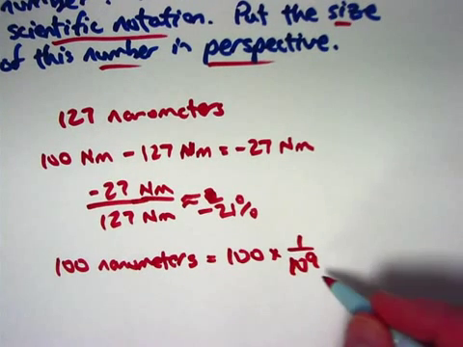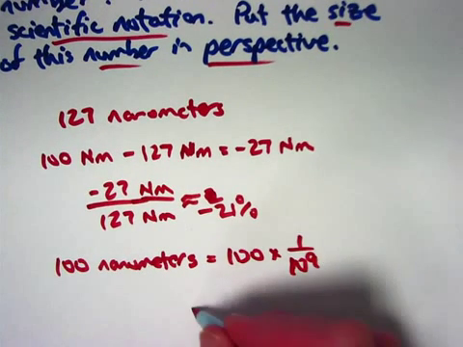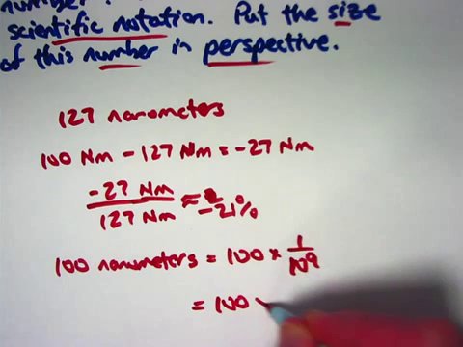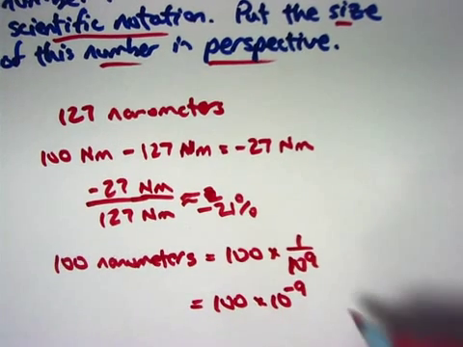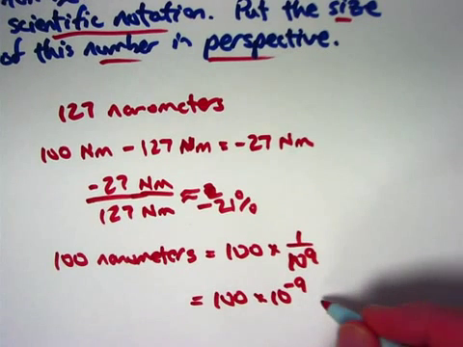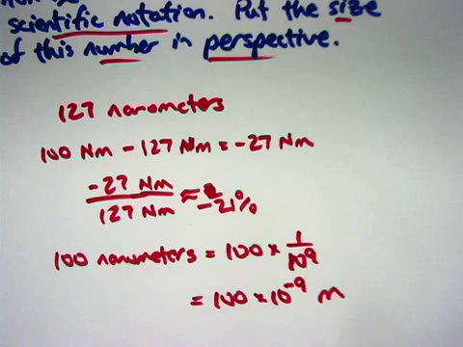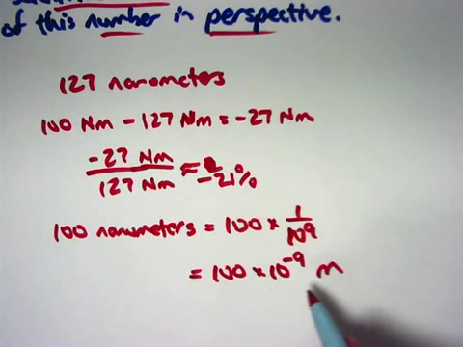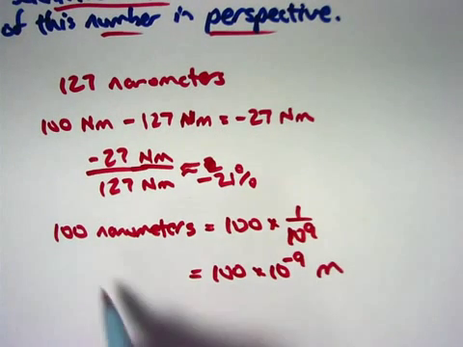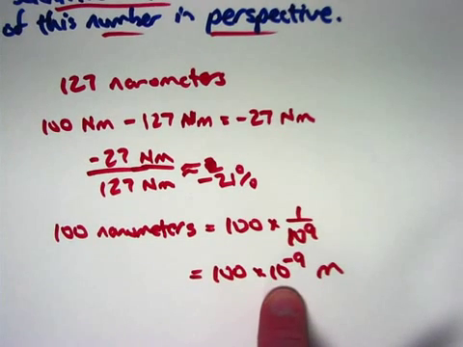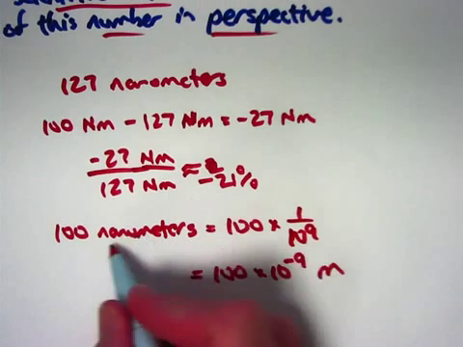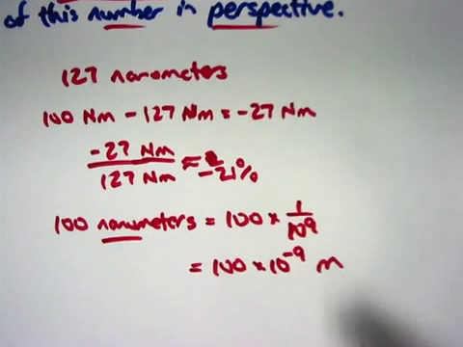So 1 billionth is 1 divided by 10 to the 9th, and that can be written with a negative exponent, like that. And this would be the number of meters, actually. 100 times 10 to the negative 9th meters is the same as 100 nanometers. In a sense, the 10 to the negative 9th is the nano part of that unit right there.